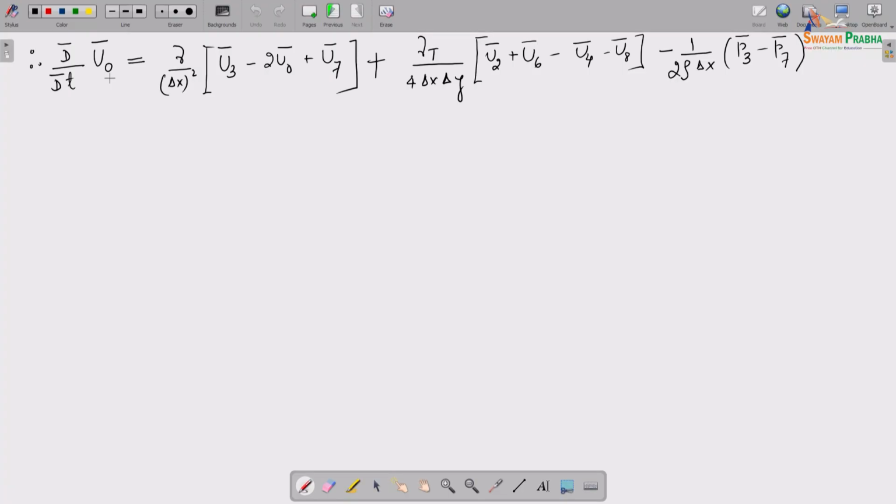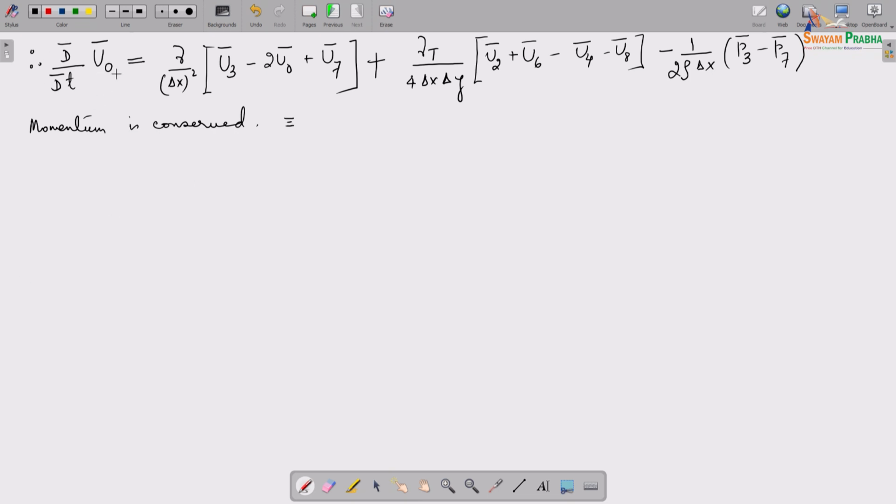Now, what is interesting is that momentum is conserved, which means what?